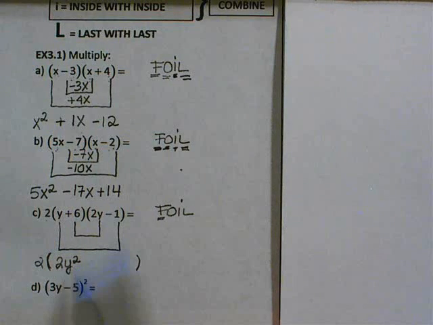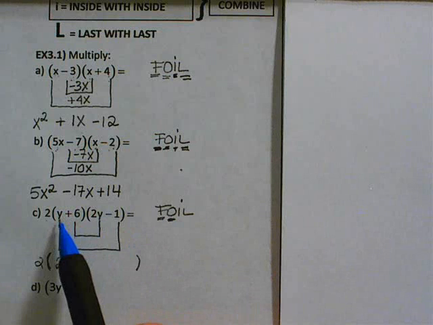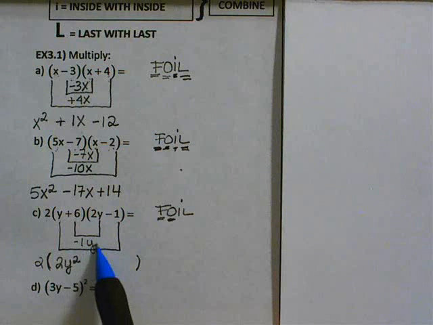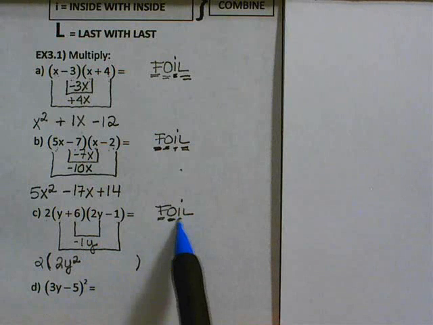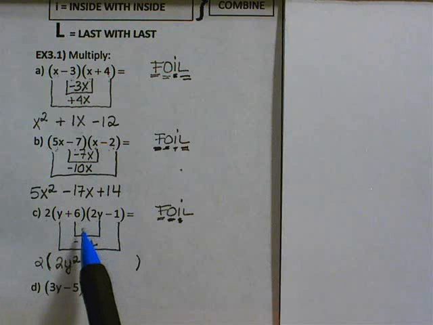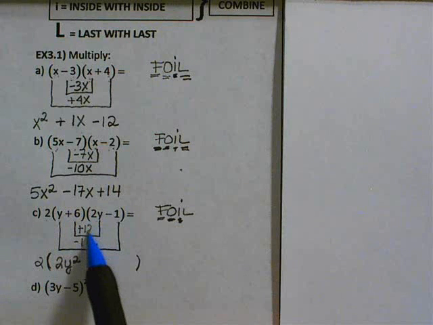Now we're going to do the O, which is y times negative 1. It's negative 1y. And we're going to do the inside numbers. 6 times 2y is positive 12y.